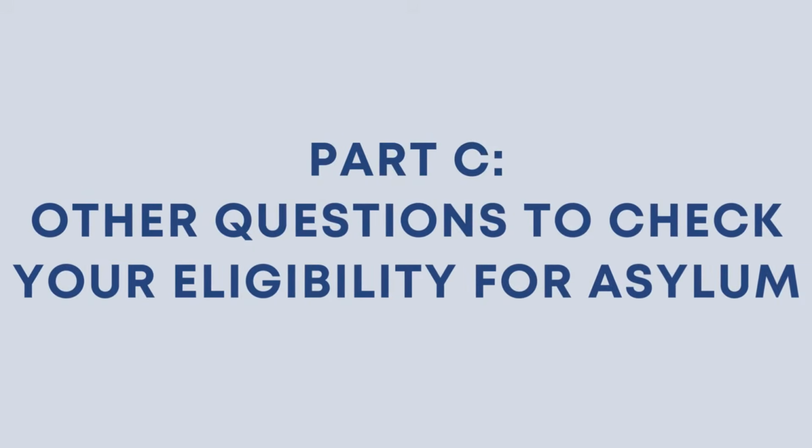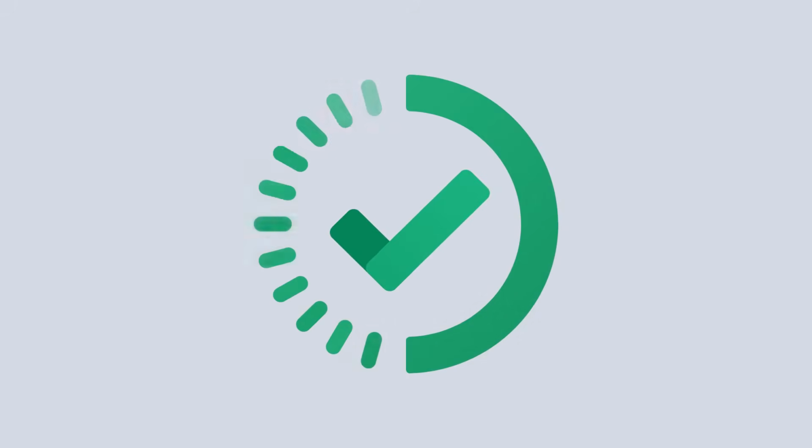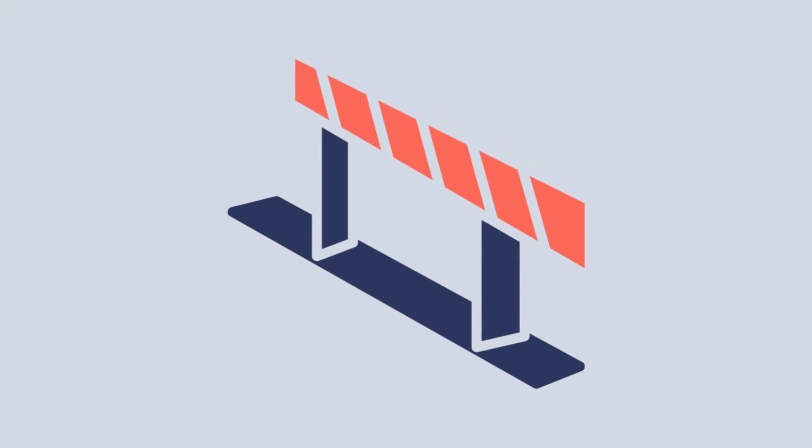Part C. Other questions to check your eligibility for asylum. Okay, we are making good progress. You have already completed many of the most difficult parts of the form. Part C, coming up, includes questions to check for potential reasons that may disqualify you from asylum.